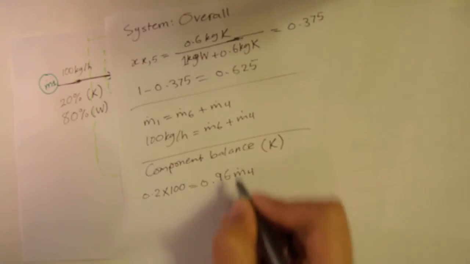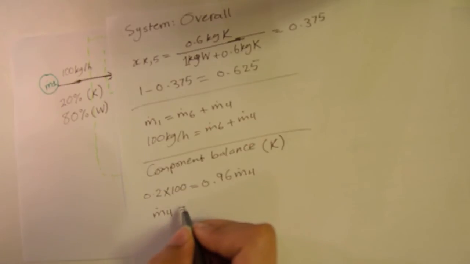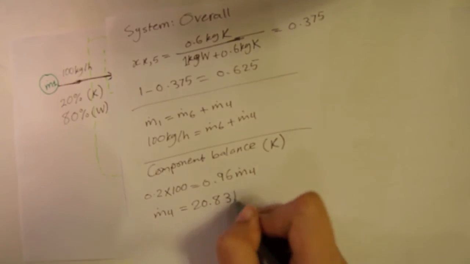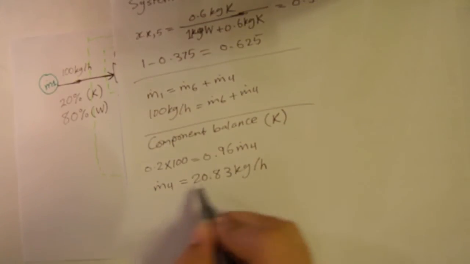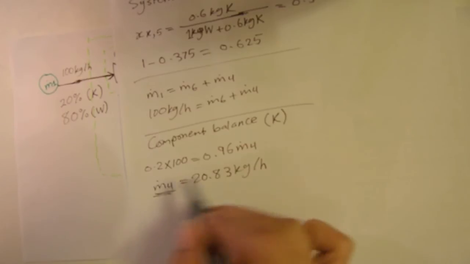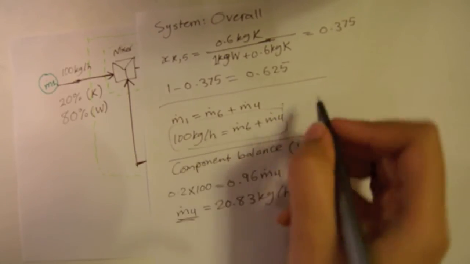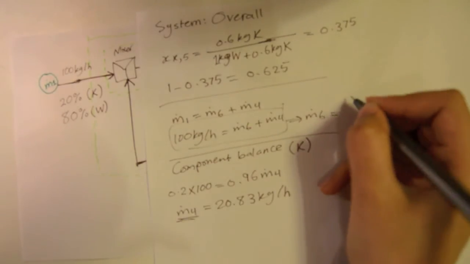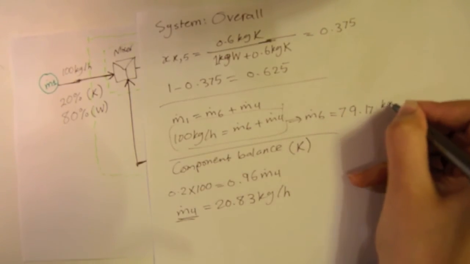So from this equation we can find M4, which is equal to 20.83 kilogram per hour. Okay, and from M4 that we found, we can find M6 from this equation. So M6 equals 79.17 kilogram per hour.